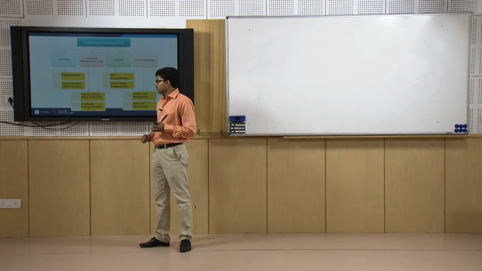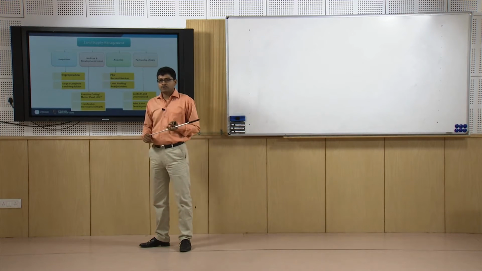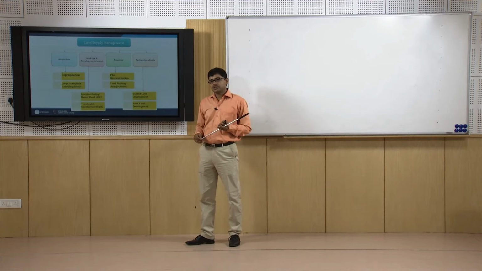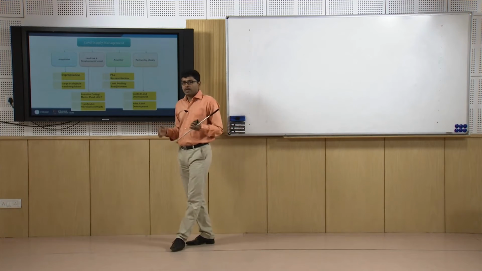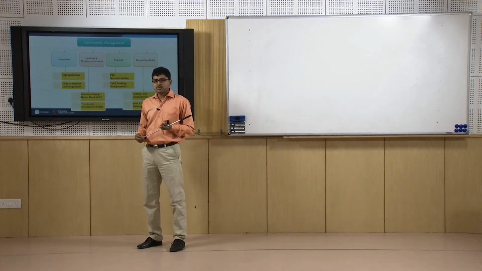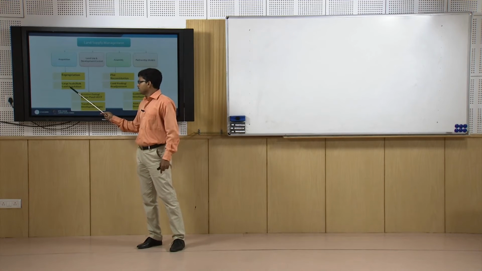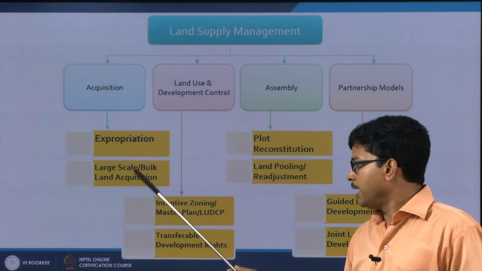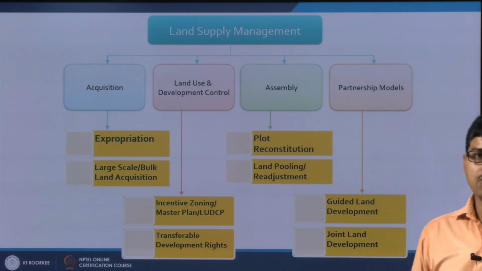For example, when the government wants to develop a new township or an industry or a big infrastructure like a water treatment plant or solid waste management system, they take the large scale land from the people and they provide adequate compensation.